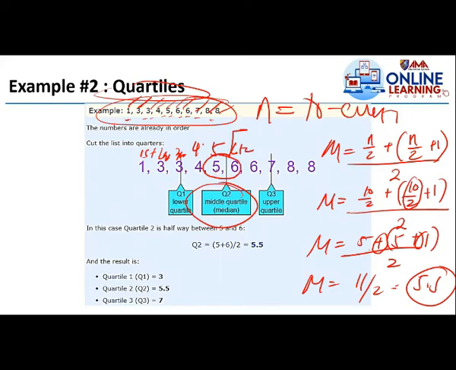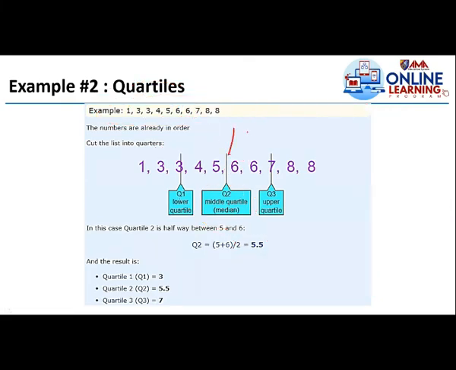If you remember, to get the median sa even, i-add mo yung affected na number kung saan yung position ng solve mo na median, which is 5.5. You add those two numbers, 5 and 6, divided by 2, and that is the value of the median. So in this case, 5.5. So nakuha na natin ang middle. So yung rank 5.5, 5.5 din yung value.